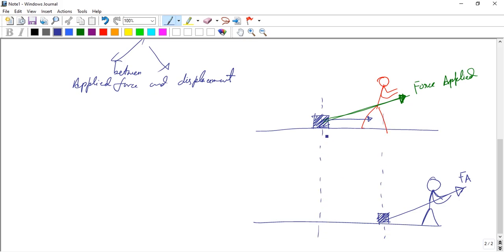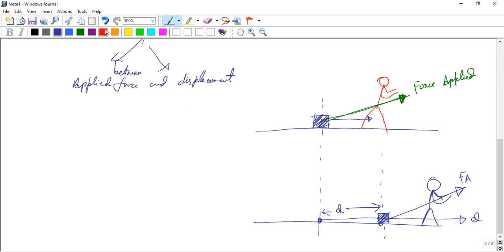The original position and the final position give the displacement d, and the displacement is in a different direction from the applied force.